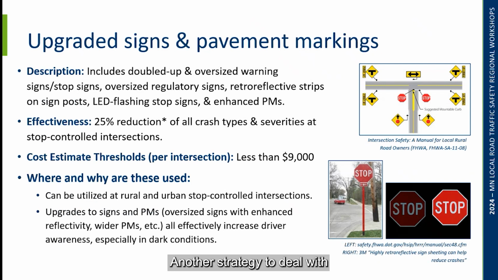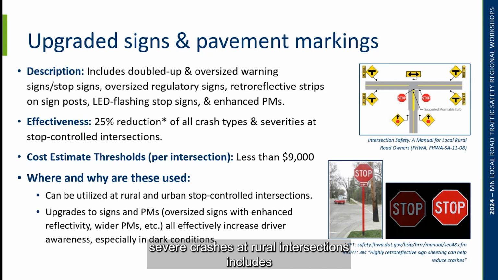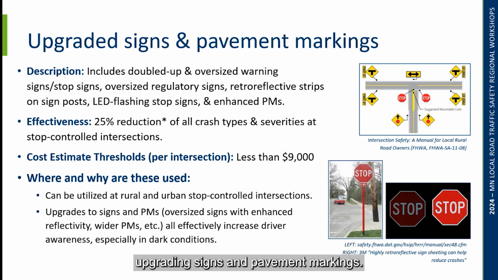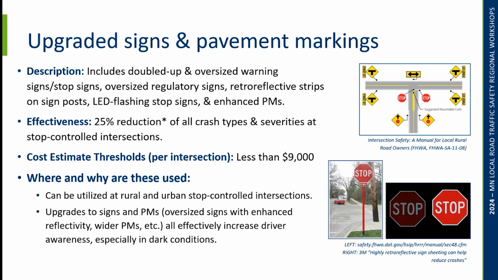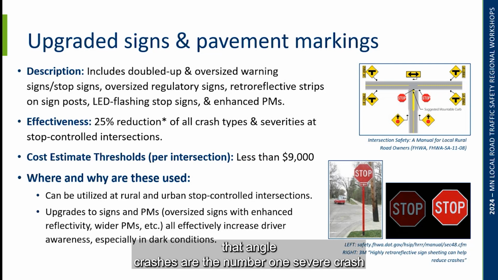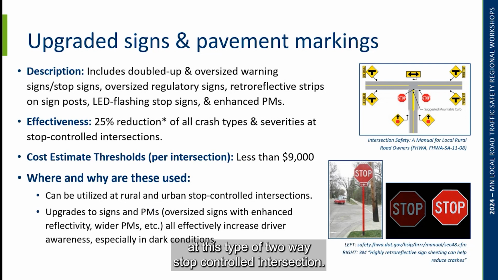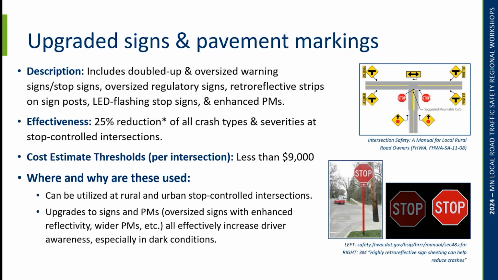Another strategy to deal with severe crashes at rural intersections includes upgrading signs and pavement markings. Again, the rationale being that angle crashes are the number one severe crash at this type of two-way stop controlled intersection.